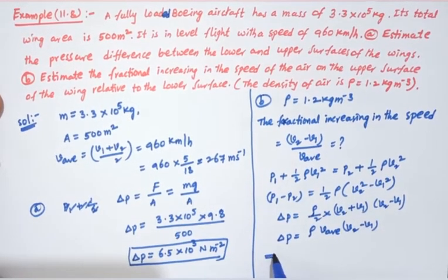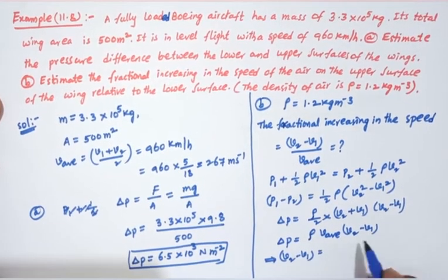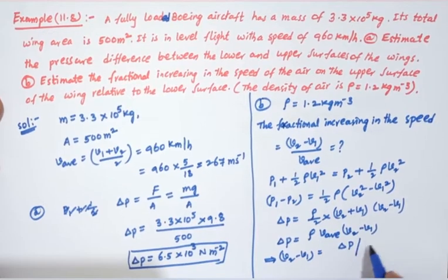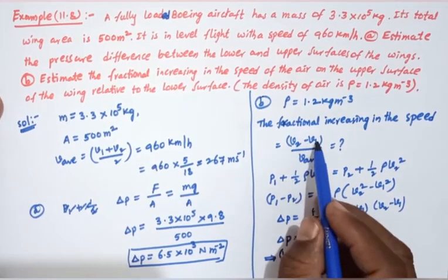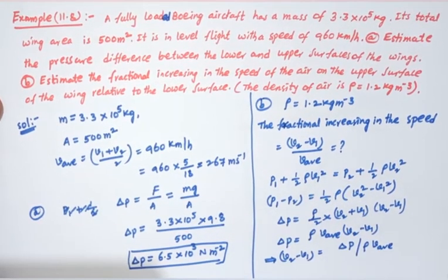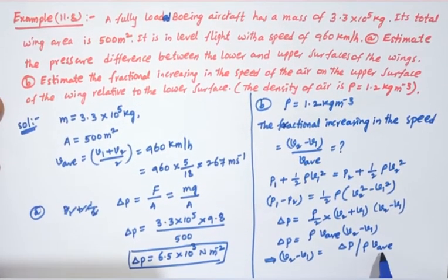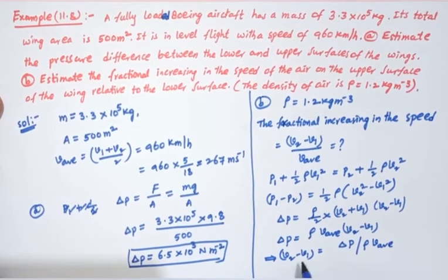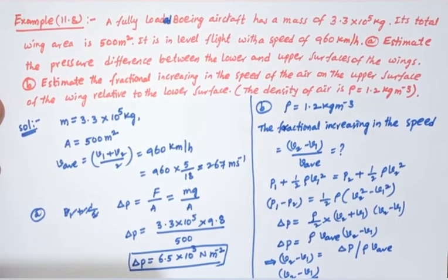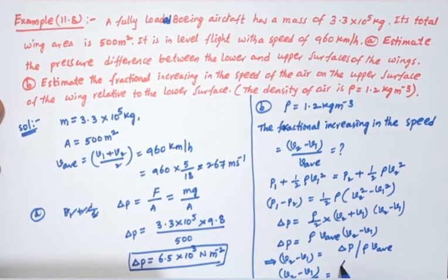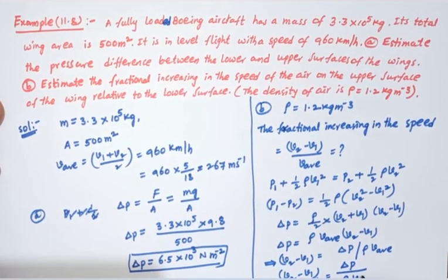So V2 minus V1 equals delta P divided by rho into V average. We want V2 minus V1 by V average, so dividing both sides by V average, V2 minus V1 by V average equals delta P by rho into V average whole square.